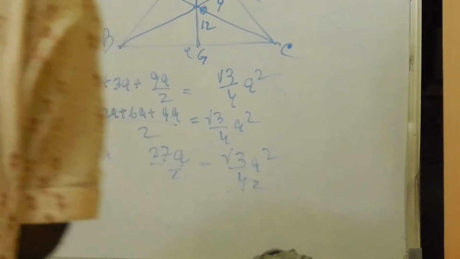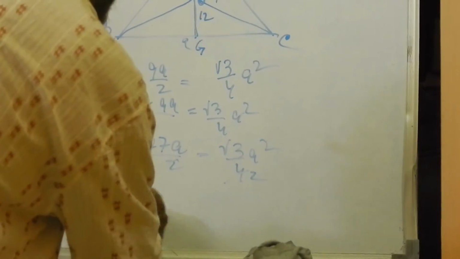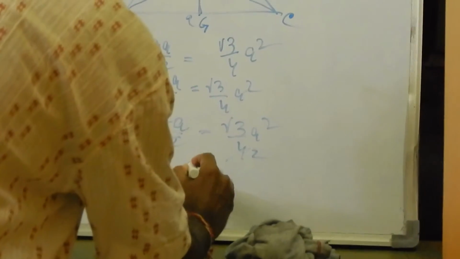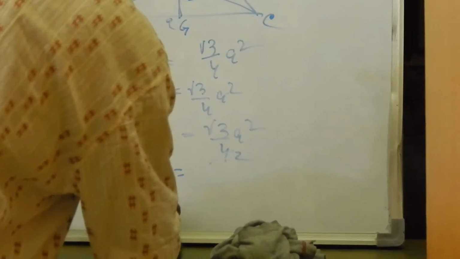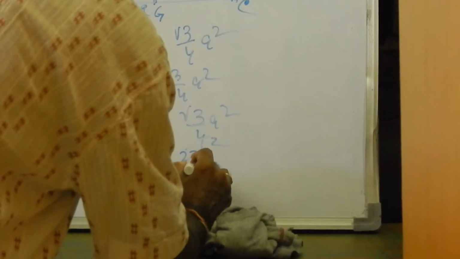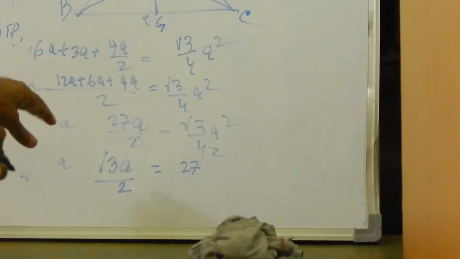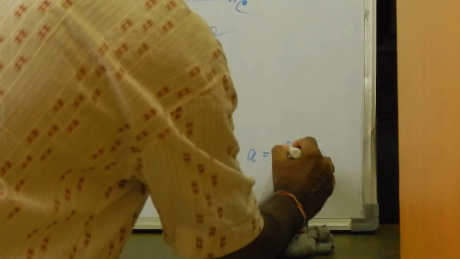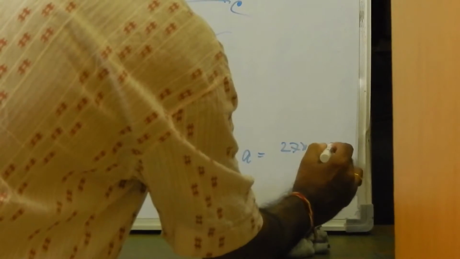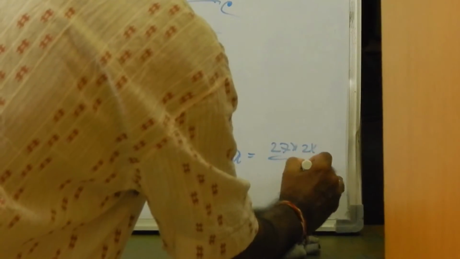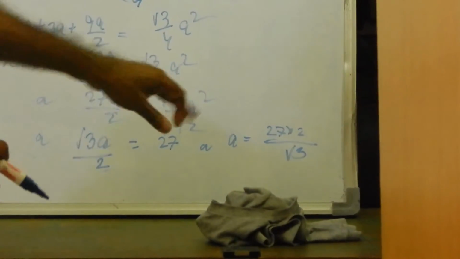So √3 a by 2 equals 27, or a equals 27 into 2 by √3.